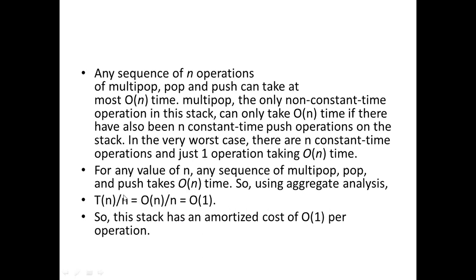That is, we are doing the average of the sequence of operations. Then time taken is O of 1, that is a constant time for each operation. So this stack has an amortized cost of O of 1 per operation. Per operation, we are finding the amortized cost, that is O of 1.